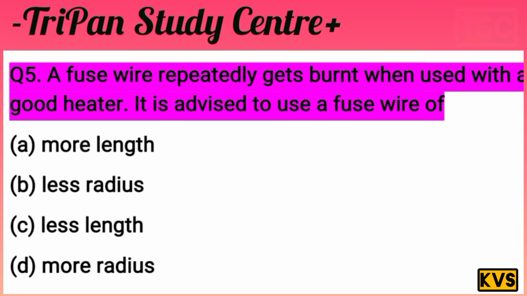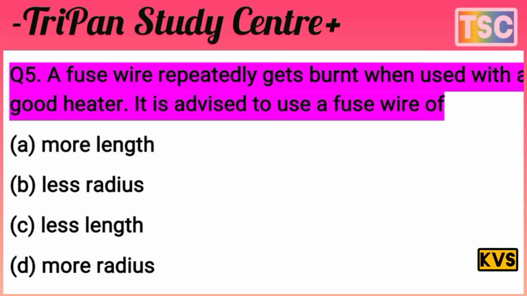A fuse wire repeatedly gets burned when used with a heater. It is advised to use a fuse wire of more length, not more length. Less radius, not less radius. C, less length, is not it. The important answer is D, more radius.